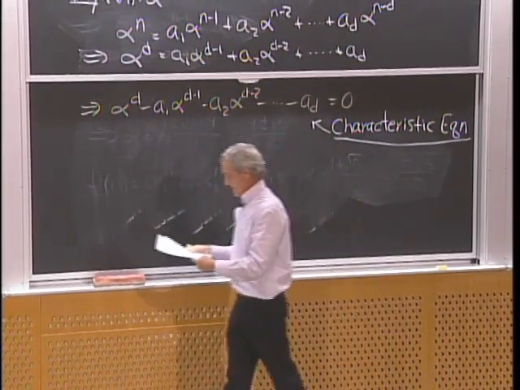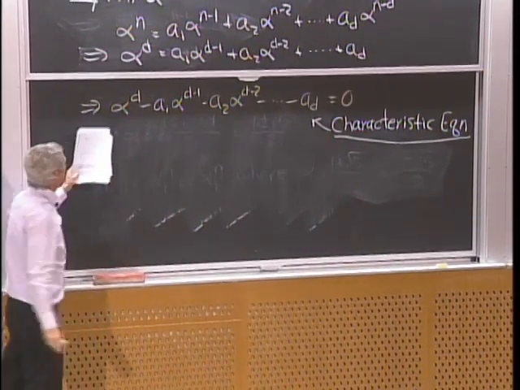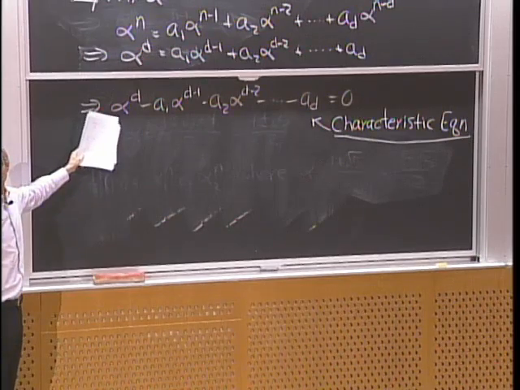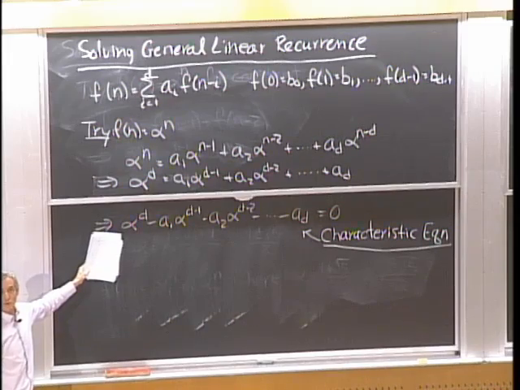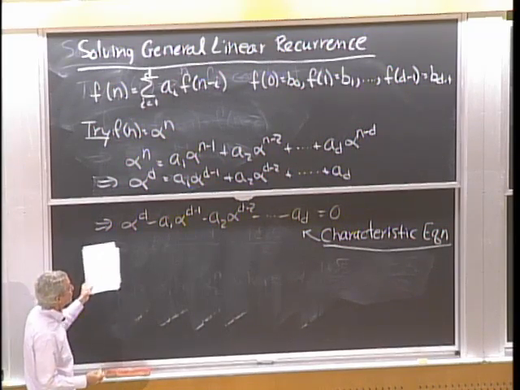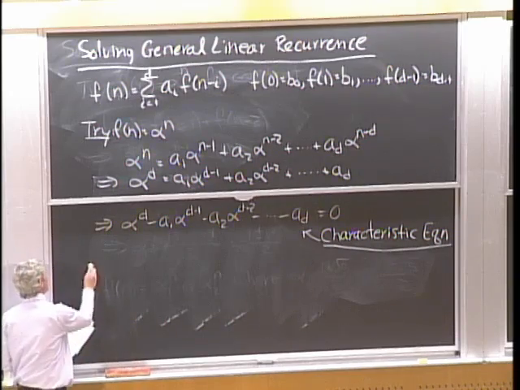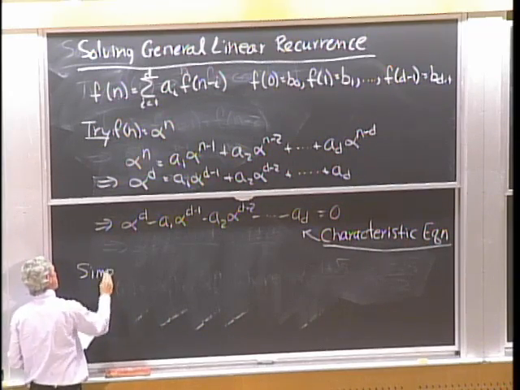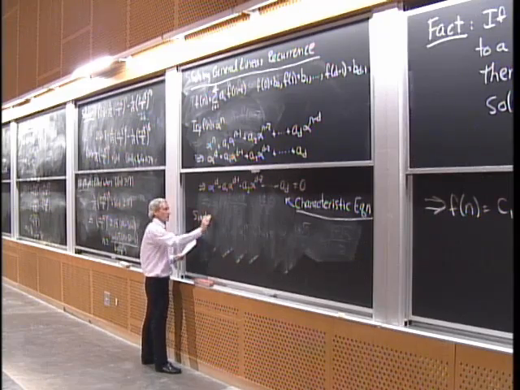Okay? Now, what you need to do is compute the roots of this. And we'll use the roots to get the solution to the recurrence. Now, the simple case is when all the roots are different. So let's do that first, like it was in the Fibonacci example.